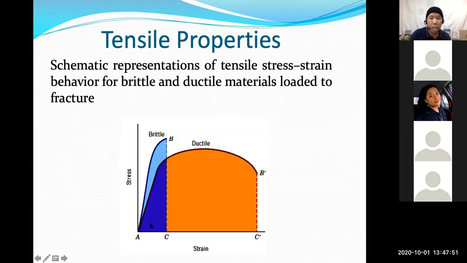Now we have the schematic representations of tensile stress strain behavior for brittle and ductile materials loaded to fracture. As you can see, we have a color-coded representation here. This part of your stress strain diagram is where the material becomes ductile, and here for brittle.